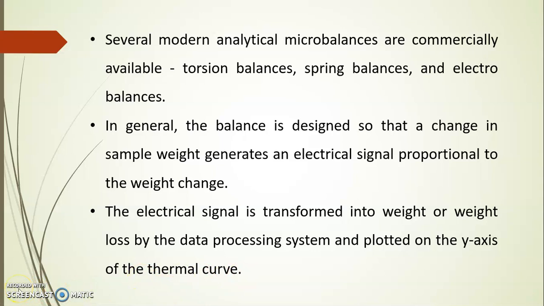As we previously saw, we plot the graph as temperature versus weight change. When we apply temperature to the material, electrical signals indicating the weight loss are collected into the data processing system and we obtain this thermal curve.